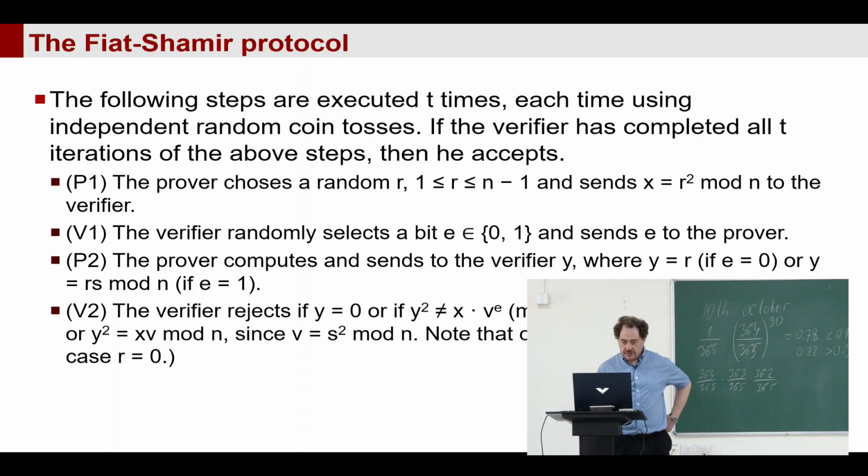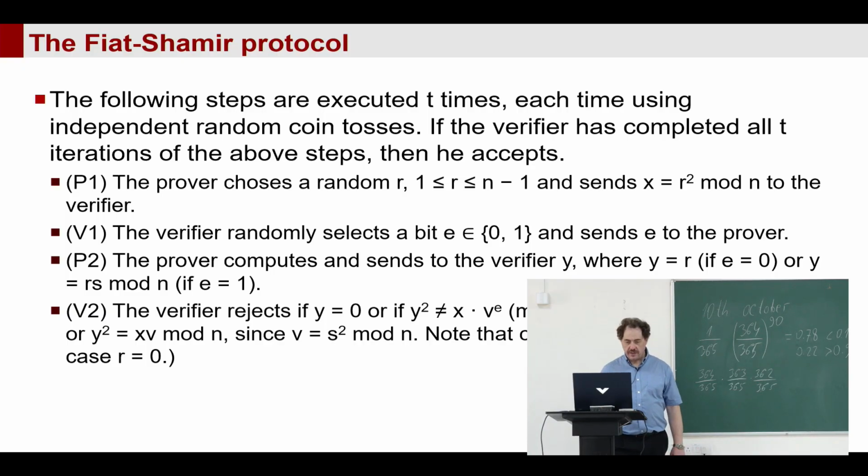In the second phase, the prover computes and sends to the verifier a value y, which is either r if e is equal to 0, or r times s modulo n if e is equal to 1.